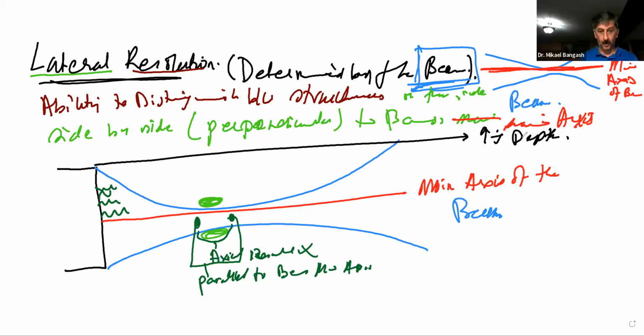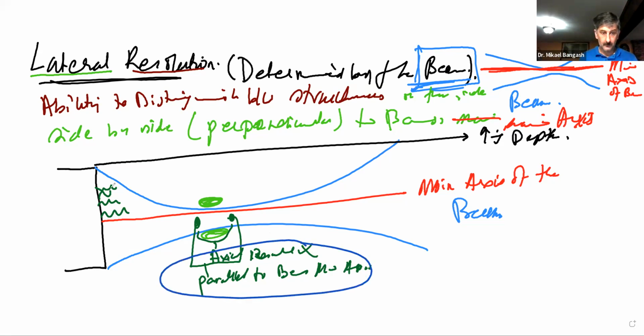So for your axial resolution, it was dependent upon whether the pulse was small enough to distinguish between these two structures, or whether the pulse was too big, so that these two structures would have appeared as one shadow. Clear?